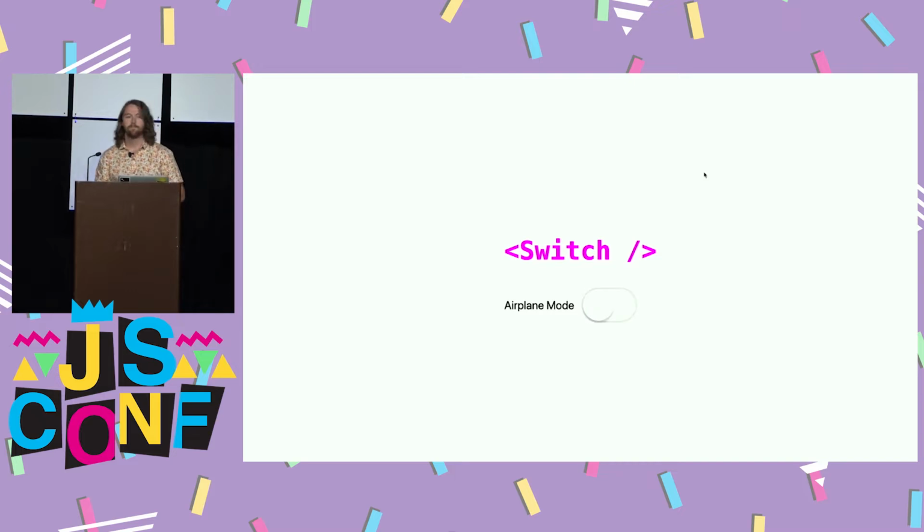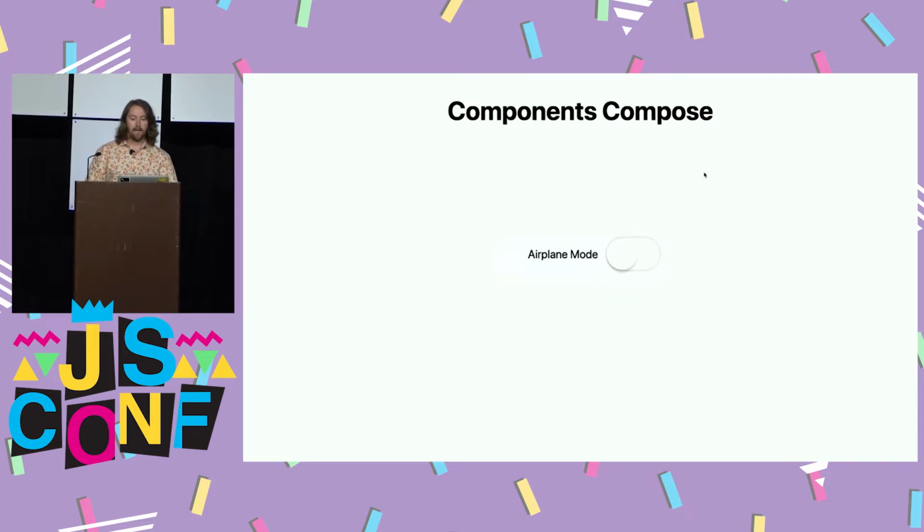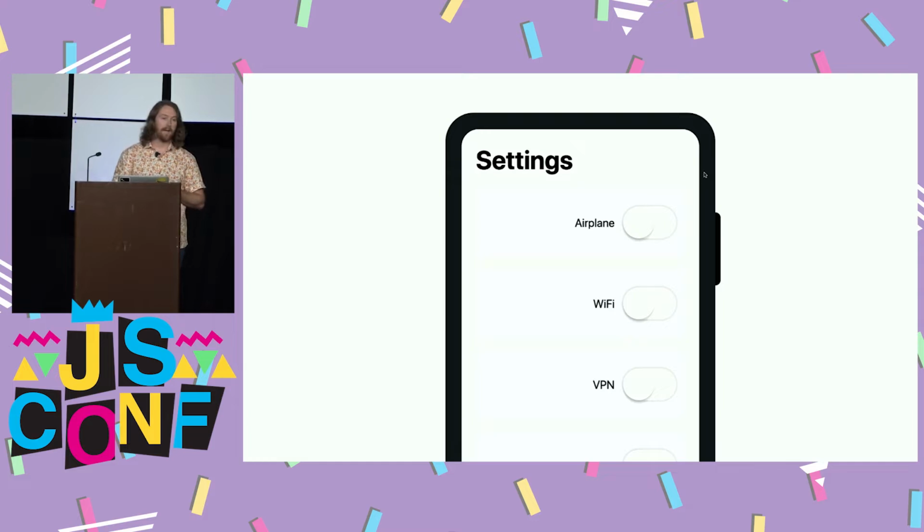When it's off. So the thing about components is that they're also composable. So we could take this switch component, and we could add it to a row, for example. And say we take that row component, and we add it to our settings screen, and suddenly we have basically a screen in our application.